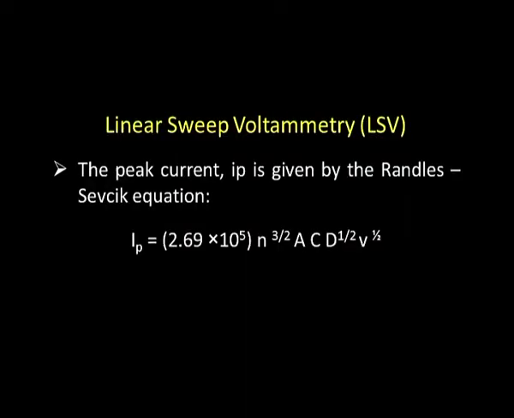Let us now come to linear sweep voltammetry. In this case, the peak current is given by the Randles-Sevcik equation, which is Ip, that is peak current, is equal to 2.69 times 10 raised to the power 5 times n raised to the power 3/2 times A times C times D to the half and v to the half.